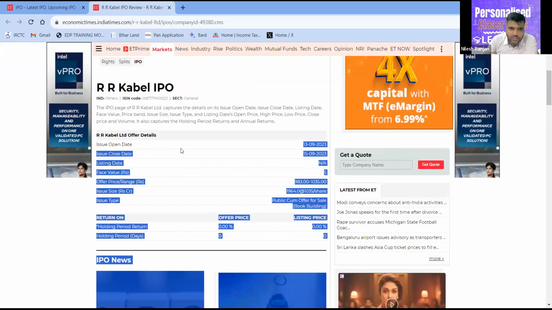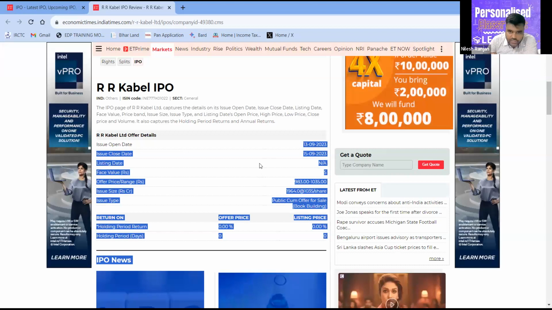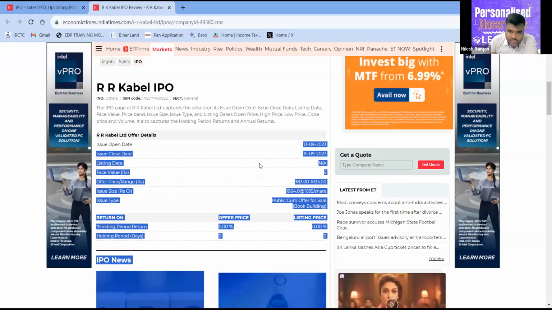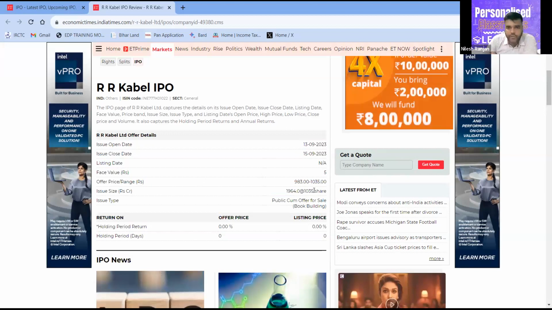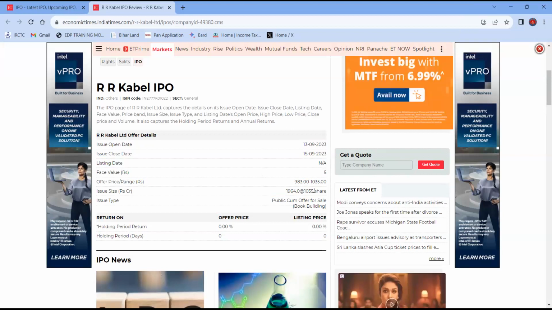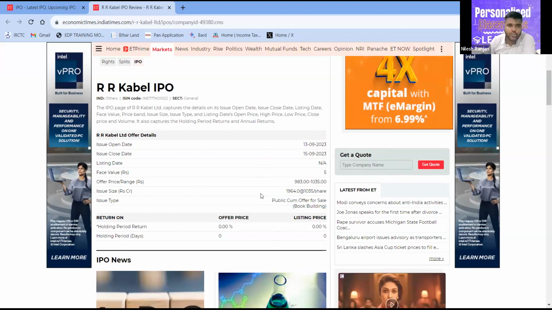After the close date, the listing date will be announced. Offer price, you can see here, is 983 to 1035. And total issue size is 1964 crores.